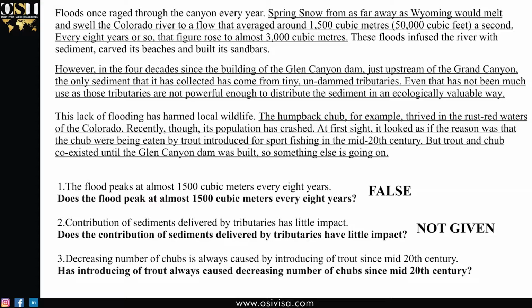So what the passage is saying is that it was believed that trout was eating all the chub, but then trout and chub have coexisted before as well, before the dam was built. So the decreasing number of chubs may be due to some different reason, which is why it says over here, so something else is going on. So over here, the question that we framed was blaming the trout for being responsible for the chubs. So is the trout responsible for decreasing number of chubs? No, it is not. Something else is going on. So your answer is false.